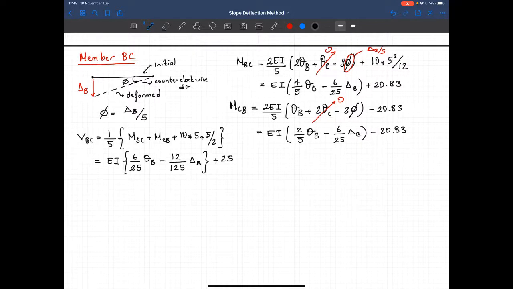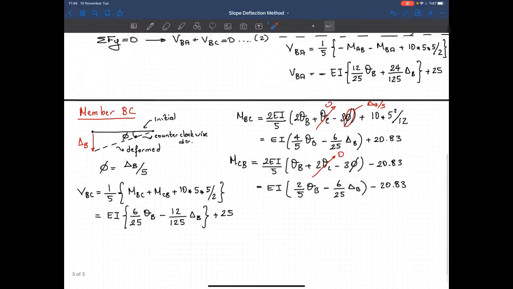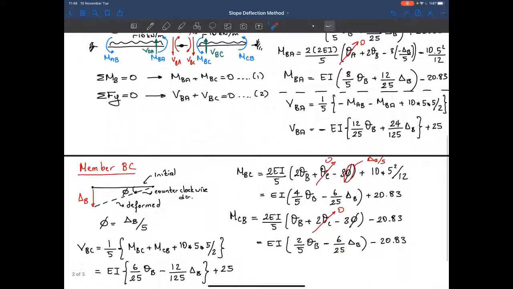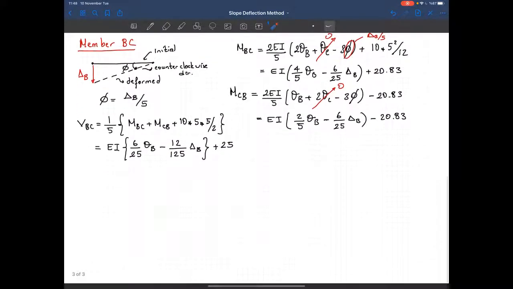Okay, so we find the moments and shear written in terms of the two unknown degrees of freedom. Now, once we obtain that, it's time to write down the equilibrium equations.